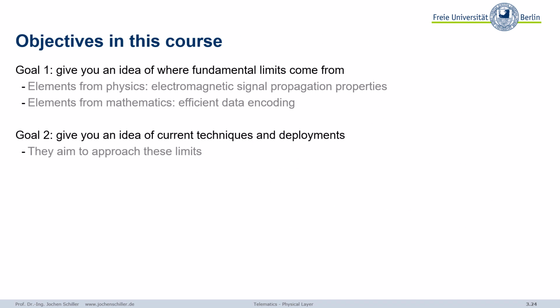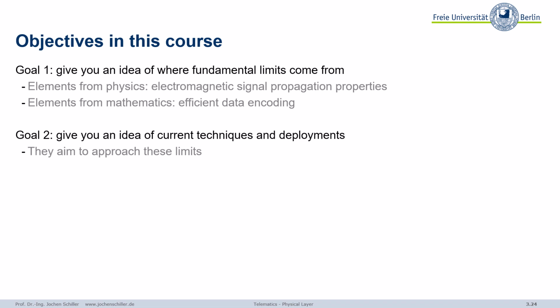So what do I want to teach? One of the goals is to give you an idea where certain fundamental limits come from. Because the point is, we cannot transmit arbitrary signals over whatever medium. So try to transmit light, for example, over a copper wire. Obviously, it doesn't work. So, okay. There are some properties of the medium, and there are also some properties for the propagation of electromagnetic signals.